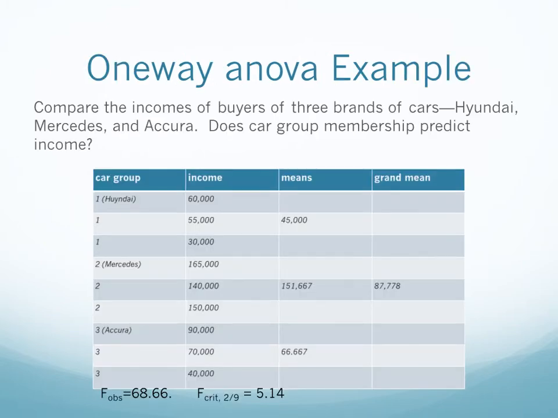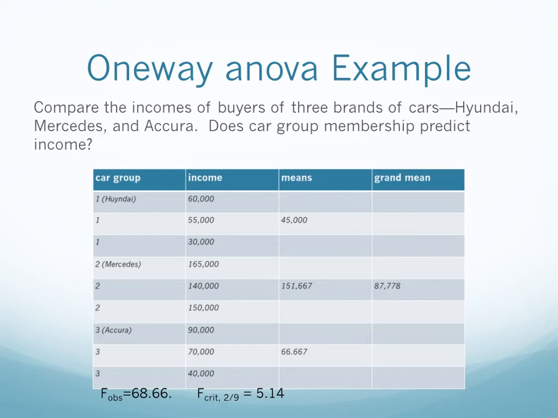So here we have an illustration of analysis of variance with cars again, but this time looking at the incomes of buyers of 3 brands of cars: Hyundai, Mercedes, and Acura. And the research question is, does car group membership predict income? If we know what group a person is in, do we have a better estimate of that person's income?